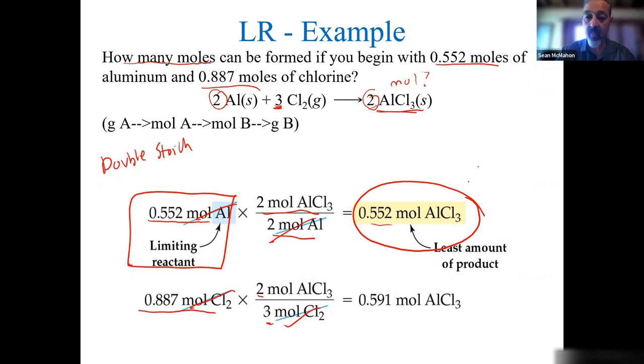This is called your theoretical yield. This is in theory, on paper. If everything occurs perfectly, this is how much I'm going to produce. This is my yield, and this would be the limiting reactant, aluminum, which gets used first.